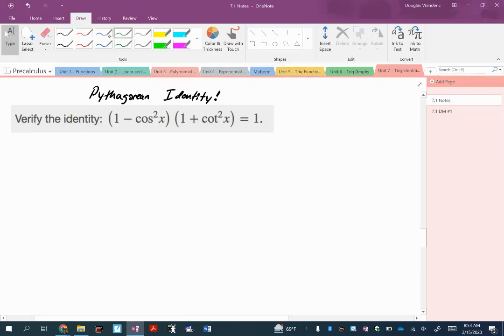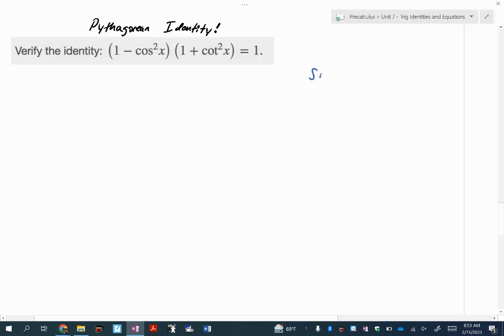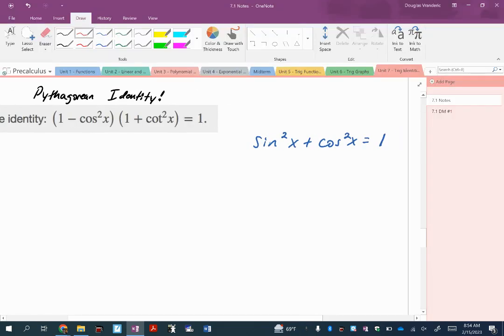So let's change colors to show you the work I'm going to do. One of the Pythagorean identities is sine squared x plus cosine squared x equals 1. Okay, so I want to get the cosine squared x to be on the same side as 1 with some algebra. So I'm going to subtract cosine squared x from both sides.